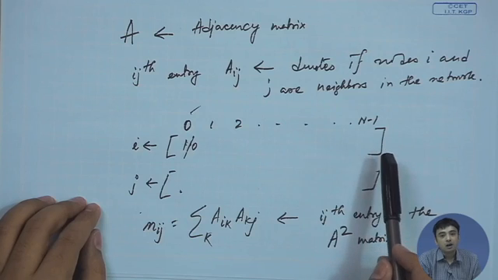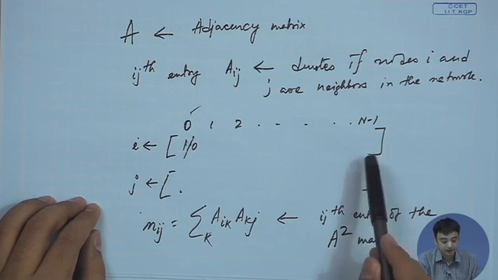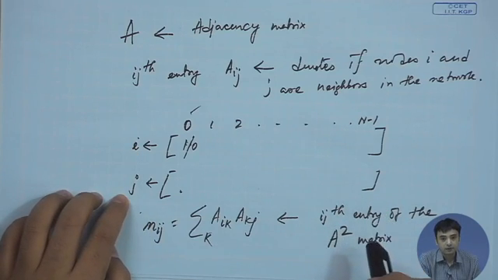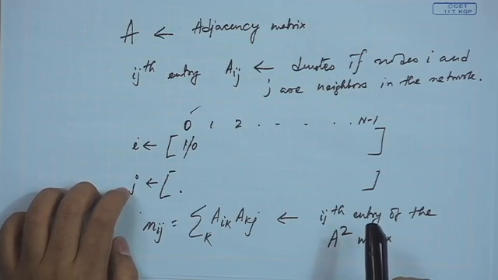Now if you take the cosine similarity between the vector representing the neighborhood of i and the vector representing the neighborhood of j, then if this cosine angle is 0, that means the two vectors are perfectly aligned, that is, they are exactly the same.